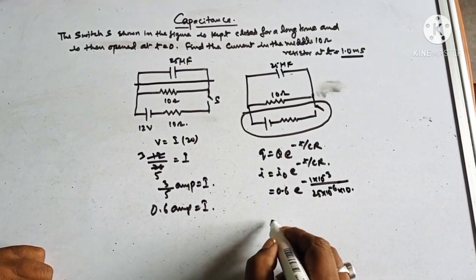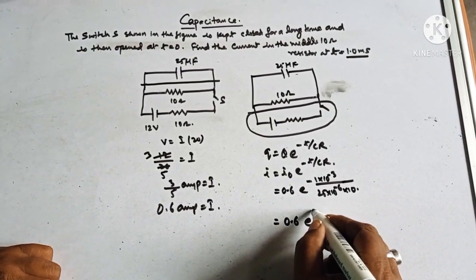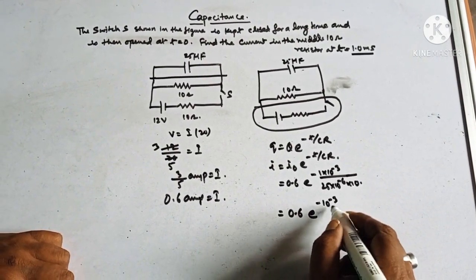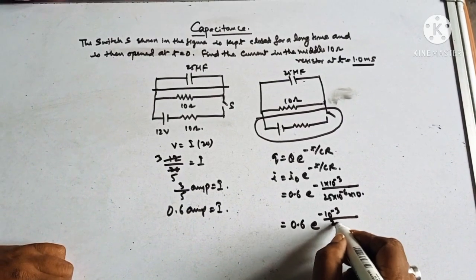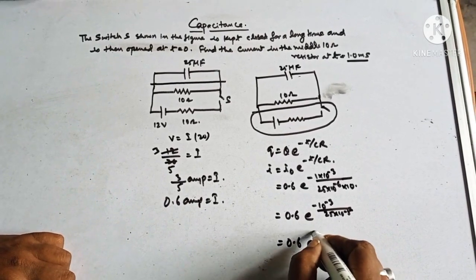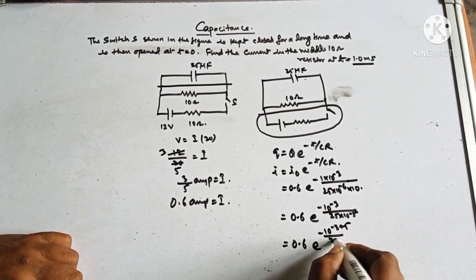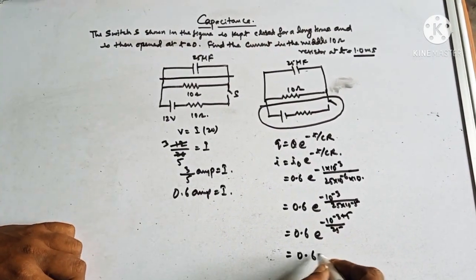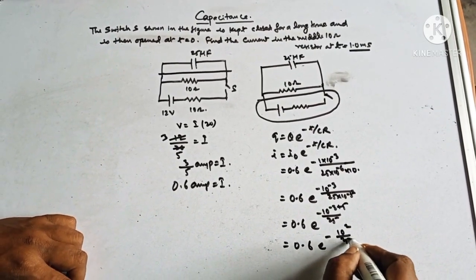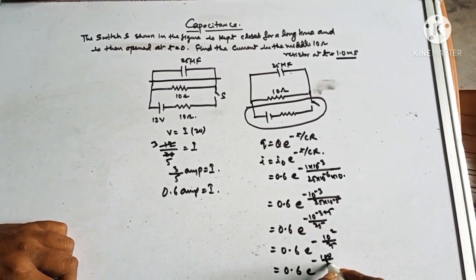If we calculate it, that is e to the power of minus 10^-3 by 25 × 10^-5. So this will be 0.6 e^(-10^(-3+5)/25), which is 0.6 e^(-10^2/25), so 0.6 e^(-100/25).